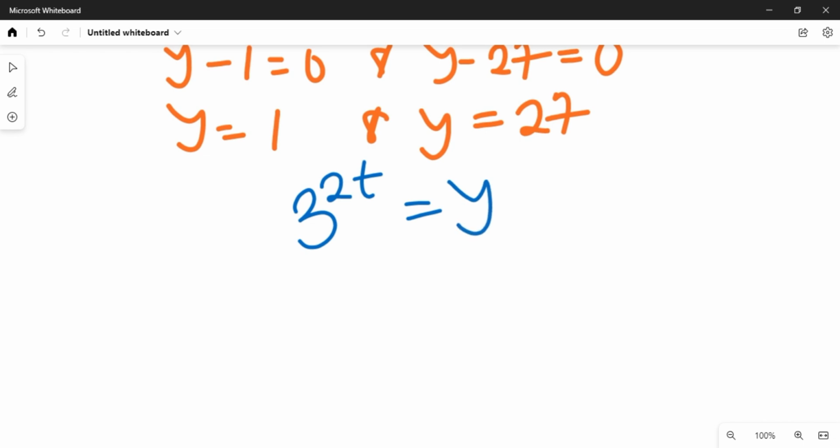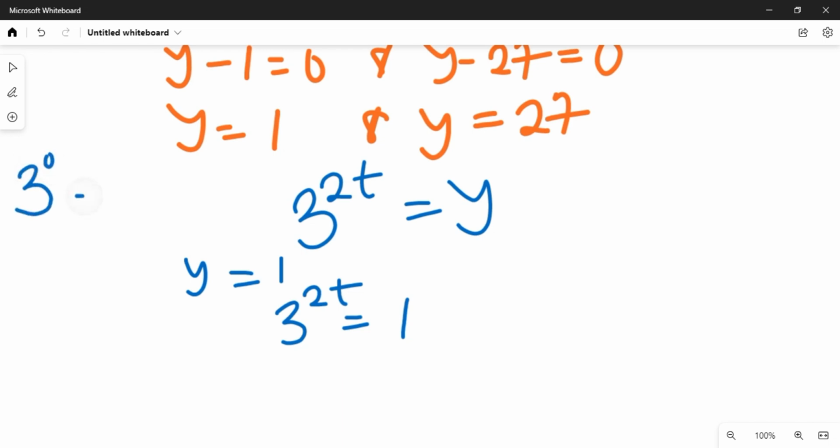So if our y is equal to 1, we're going to have a value for t, and that will be 3 raised to power 2t equal to 1. Now remember a law of indices: anything raised to power 0 is equal to 1. We'll apply that logic here.